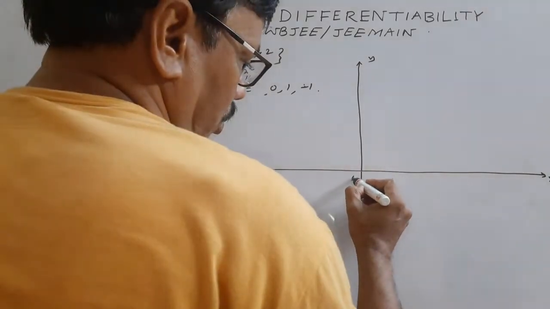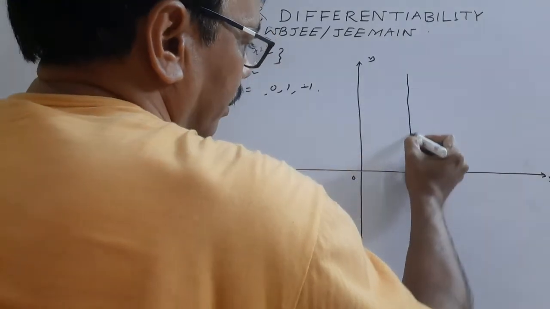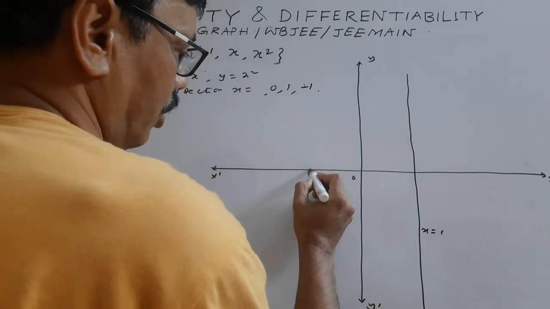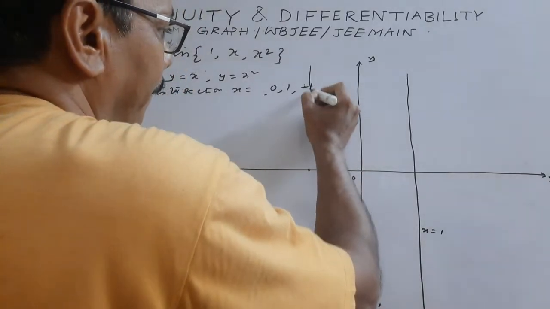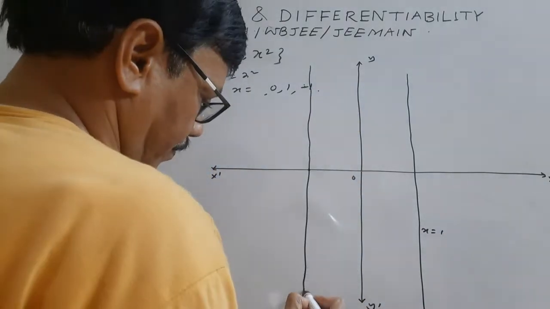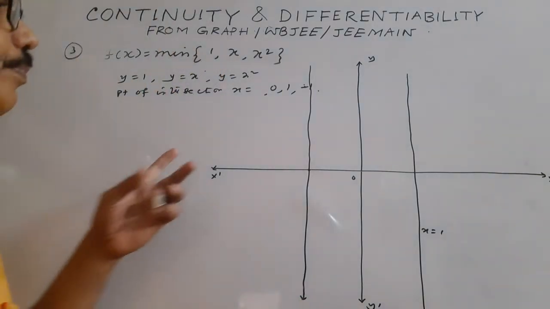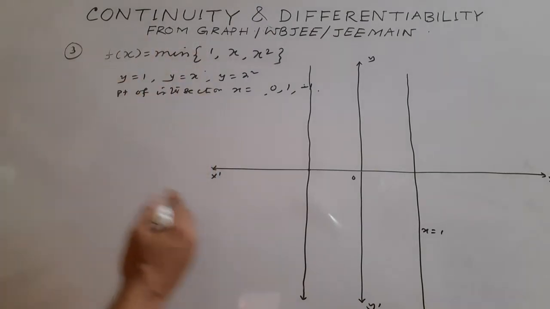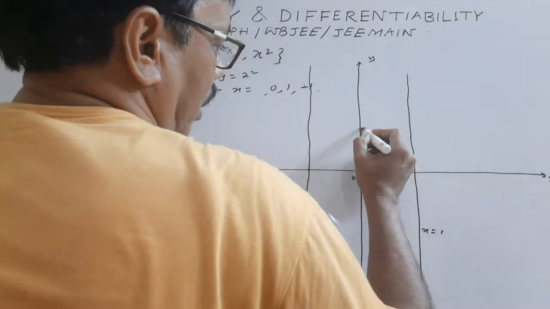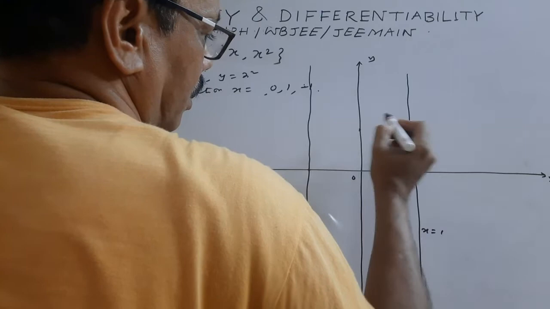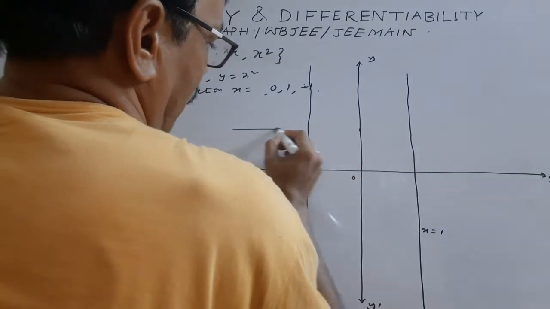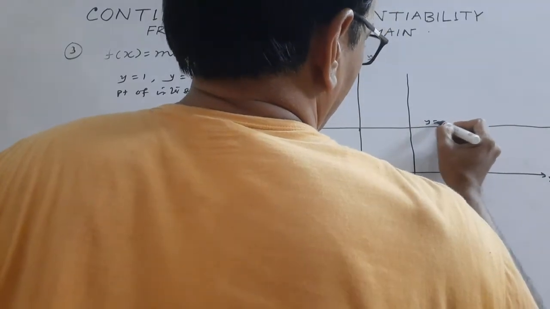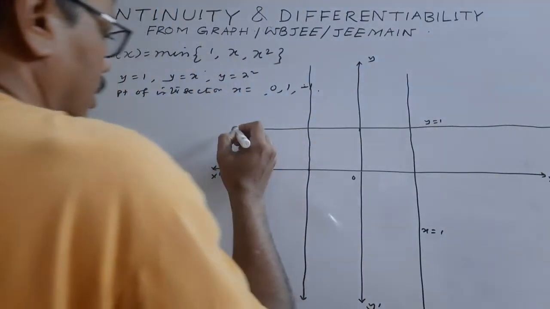So this is 0. This is 1. And this one is minus 1. So look, y equals 1 is a straight line parallel to the x-axis.